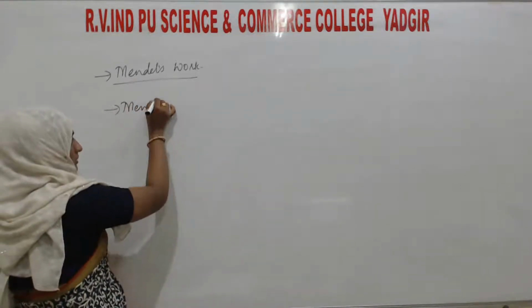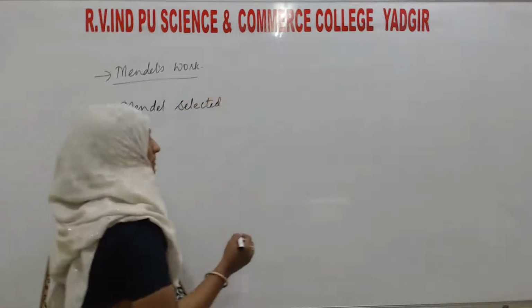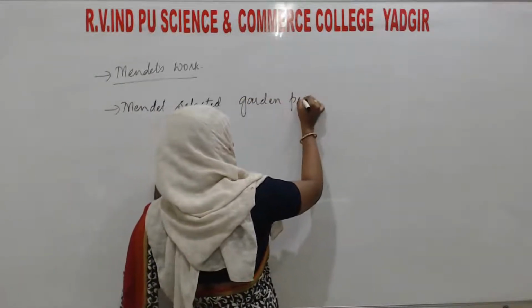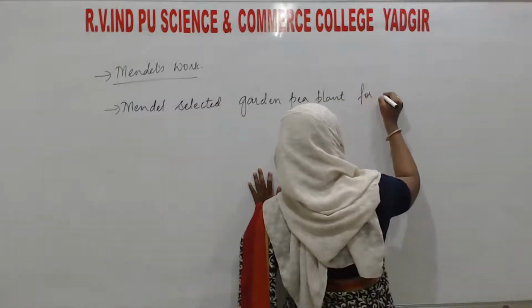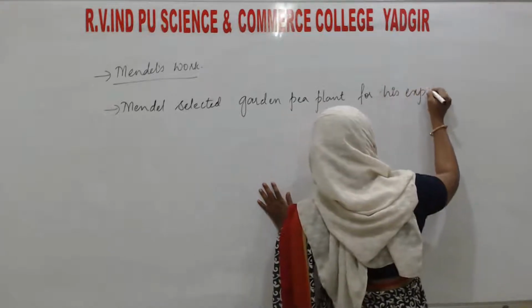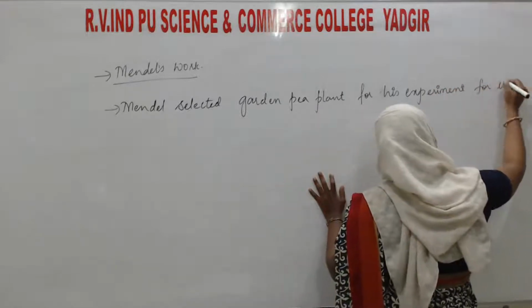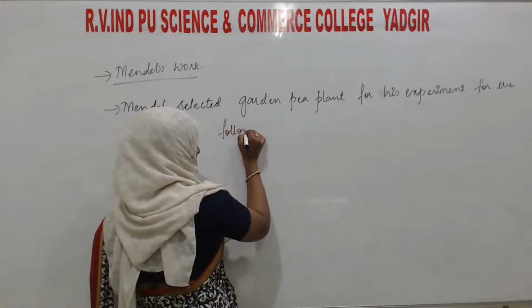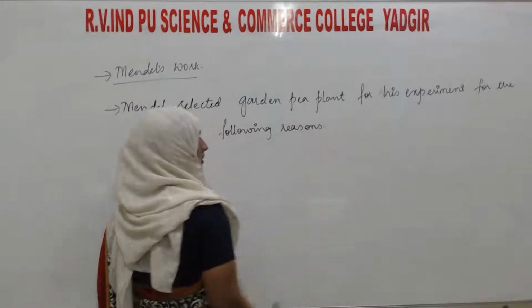Mendel selected the garden pea plant for his experiment or for his work for the following reasons.